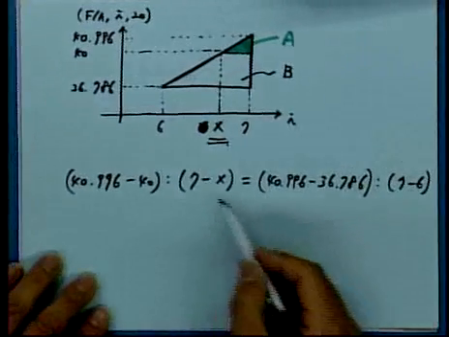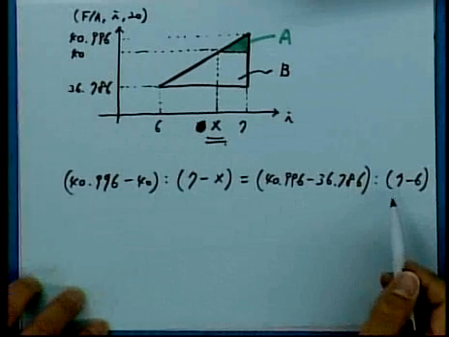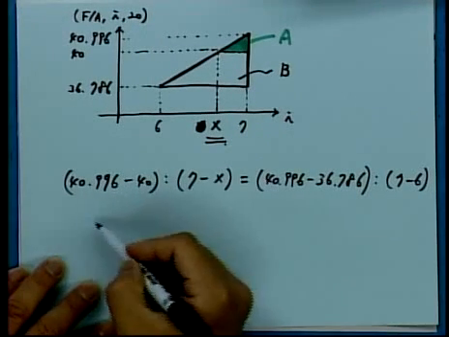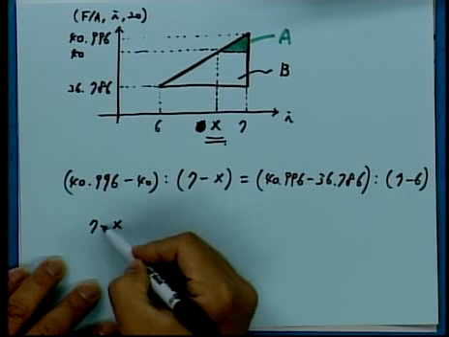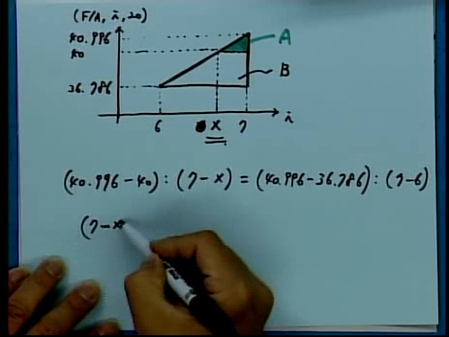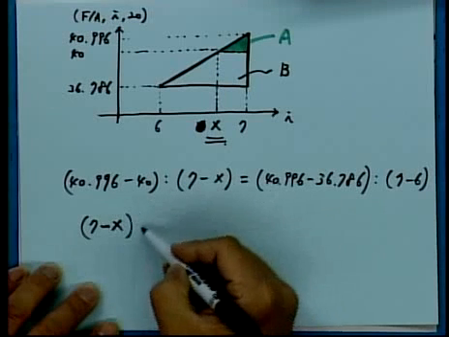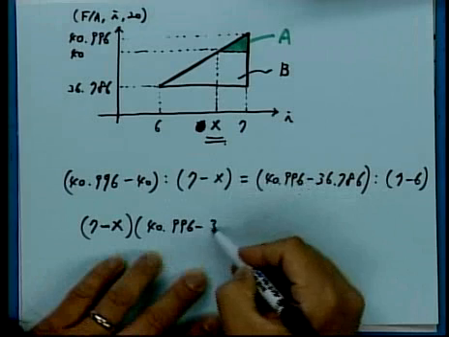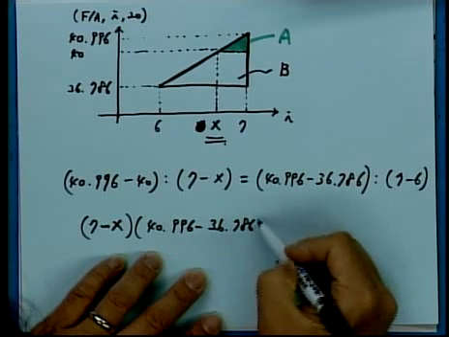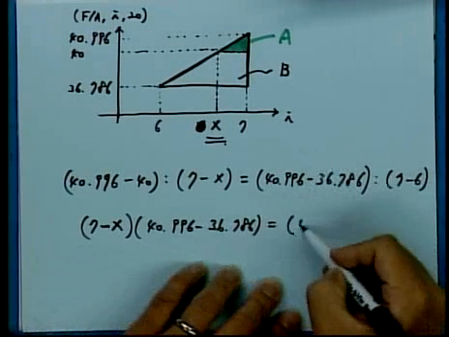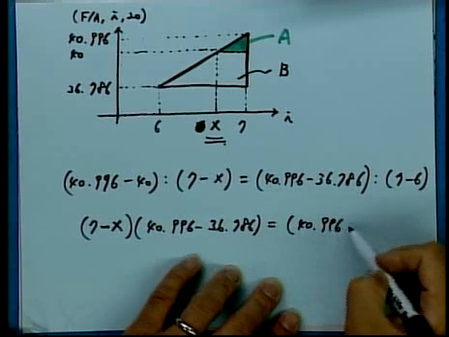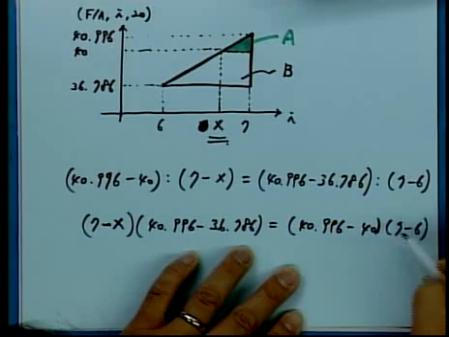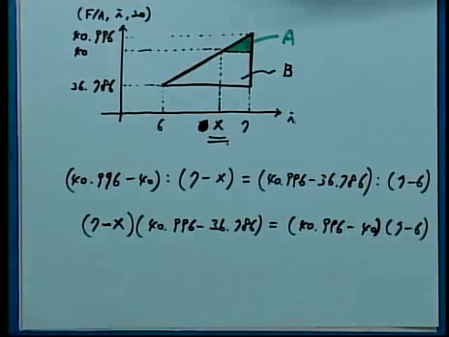Okay? And the inner product is equal to the outer product. So (7 minus X) times (40.996 minus 36.786) equals (40.996 minus 40) times (7 minus 6).